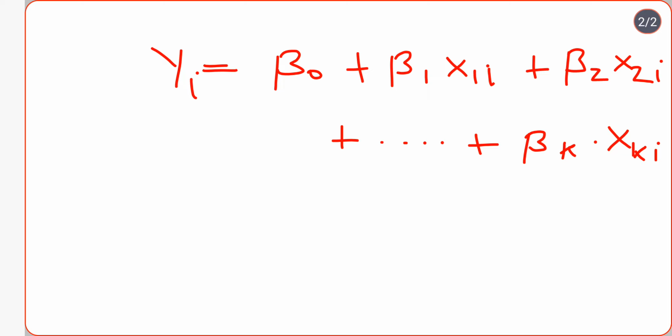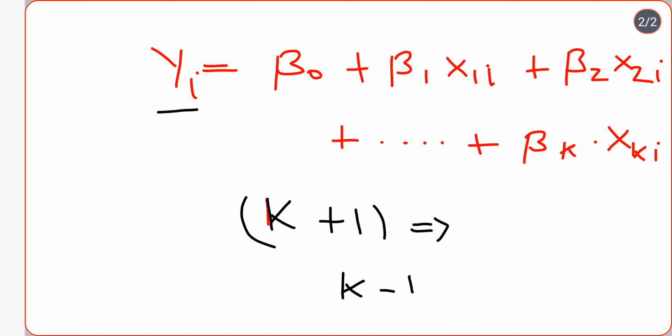So basically the number of independent variables in the model is k, and there is a dependent variable also. So there are total k plus 1 variables in the model. This is a k plus 1 variable model. You may call it a k-regressor model. K-regressor model means there are total k number of regressors in the model. That's why it is termed a k-regressor model also.